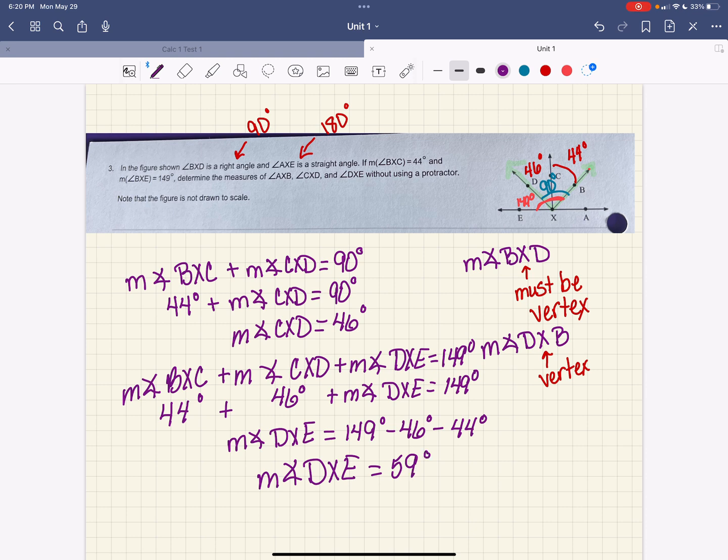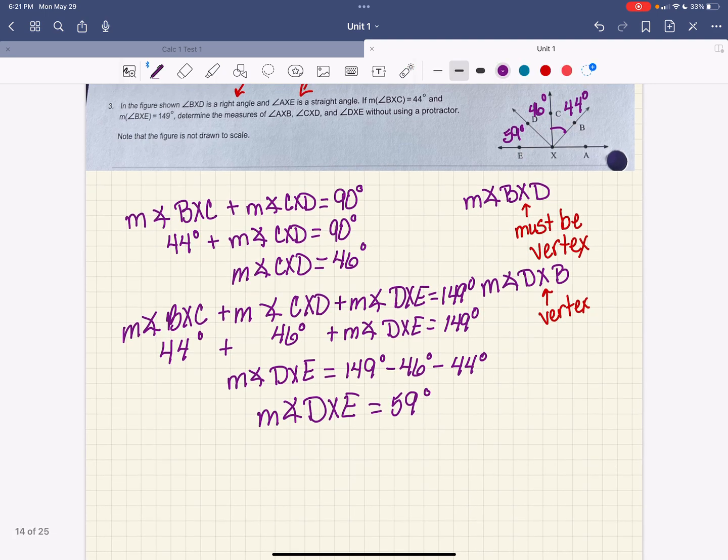Okay, so I'm going to erase this right now because we've got measurements right here. We know that this measurement is 44 degrees, CXD is 46 degrees, and DXE is 59 degrees. We have a straight angle right here, so this angle added to the three of these is going to give us 180 degrees.